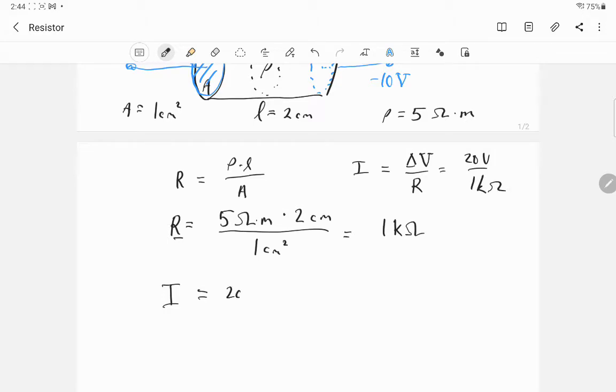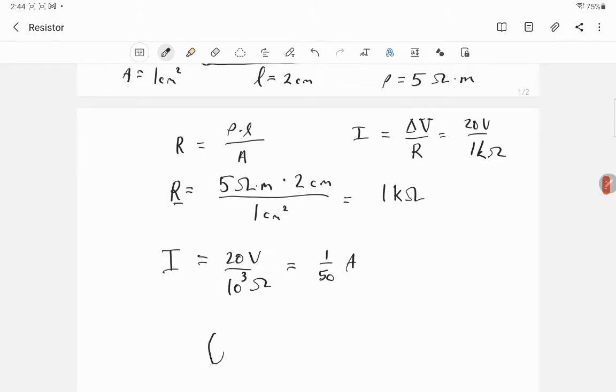So it's 20 volts over 10 to the 3 ohms. And the volt per ohm is the amp. And 20 over 10 to the 3 is 2 over 100, or 1 over 50. 1 over 50 amps. So I've got this current.